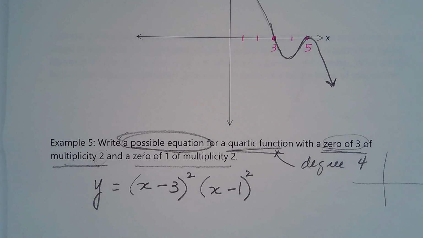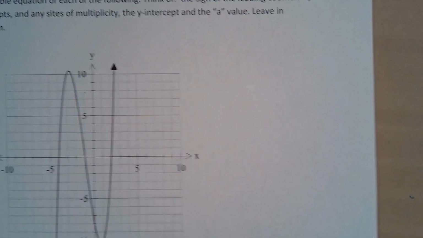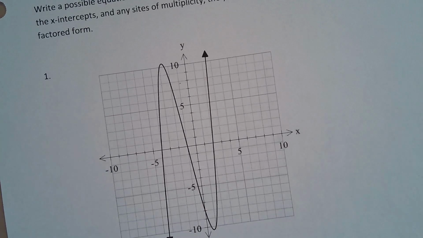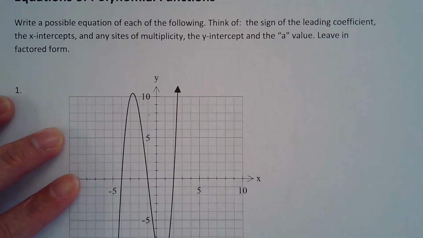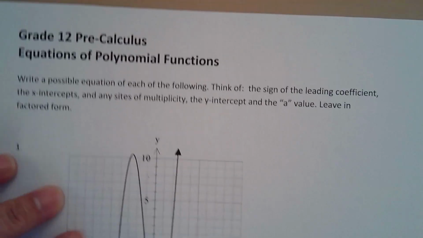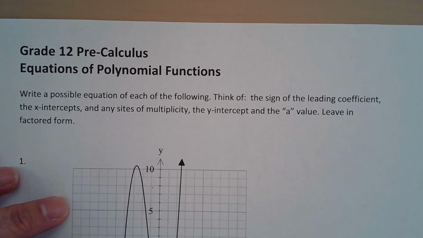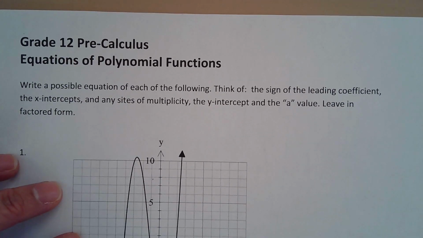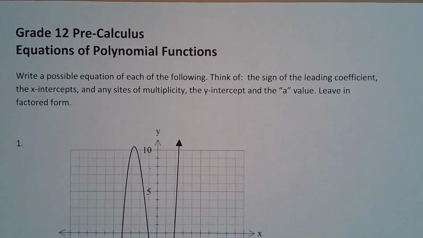Okay? So let's take a look at your paper here. Those are described in words. This one is actually a picture. Okay. Is everybody okay? You have this sheet. We are now going the other way.